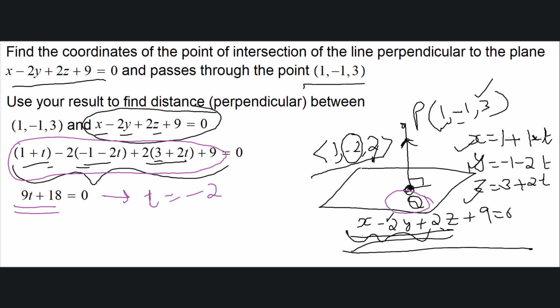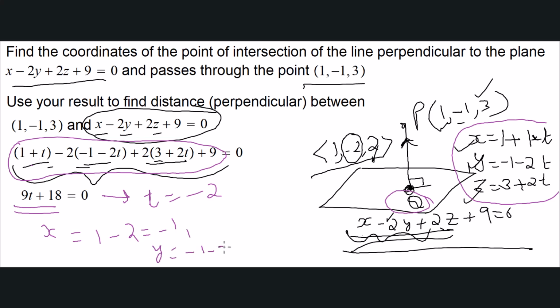So for the coordinates of the point Q, all we have to do is substitute the value t equals negative 2. So x will be 1 minus 2, that is negative 1. Y will be how much?